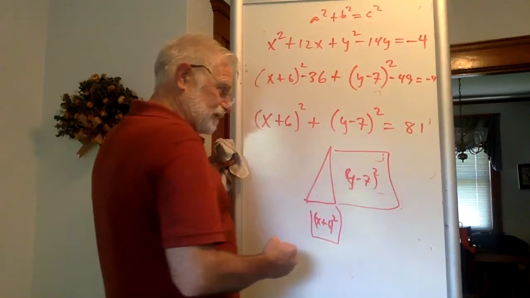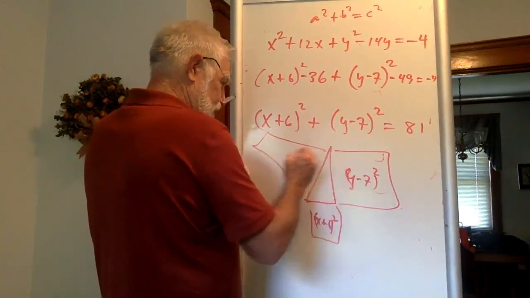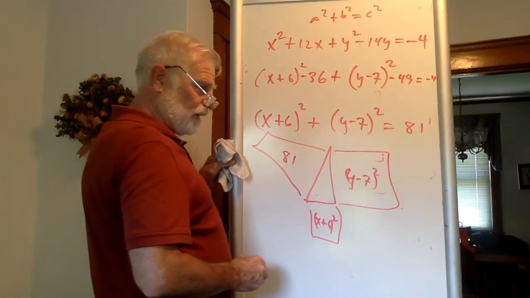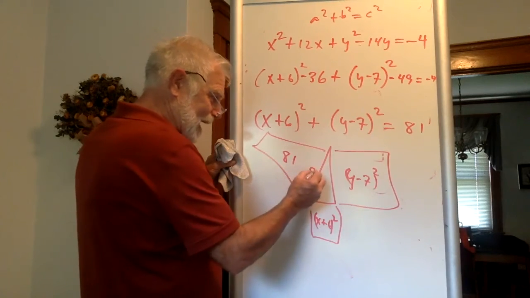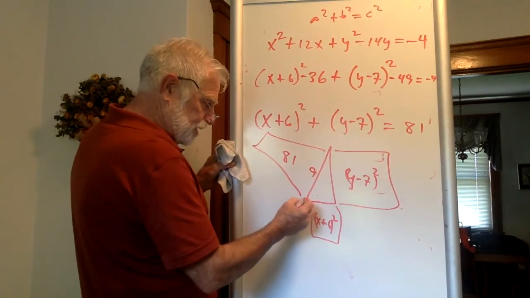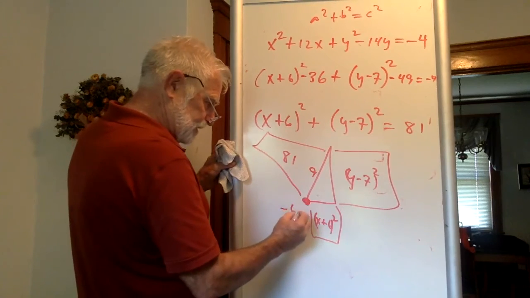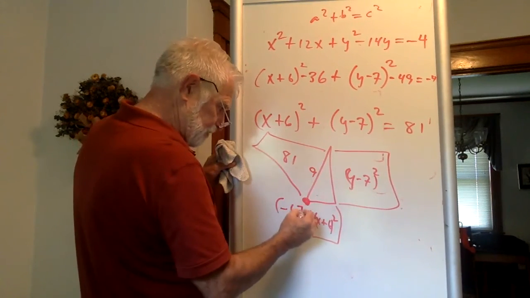These are the square areas. So what's your radius? 9. What's your new origin? Your new origin is -6, +7.